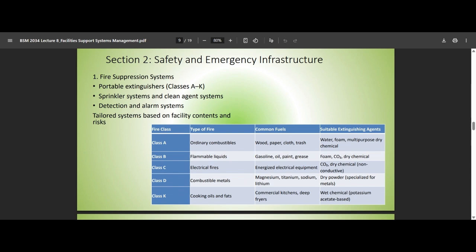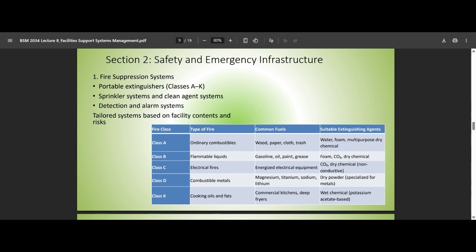It's a must-have. Then you also have the portable extinguishers, pemadam api they call it. There are many classes, from A to K. Then we also have the detection and alarm system.